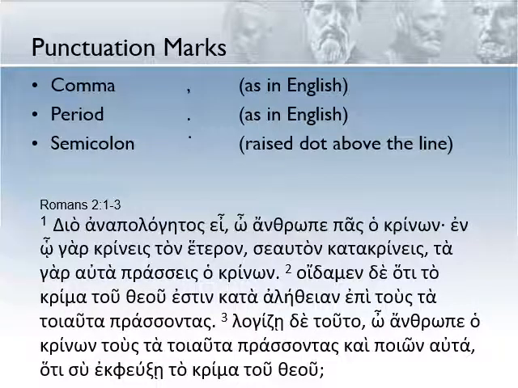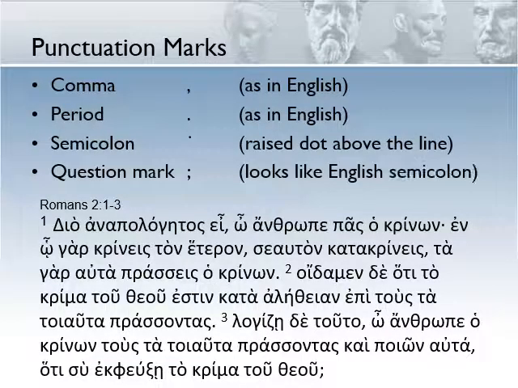And then one more punctuation mark, the question mark. Now you'll notice the question mark in Greek looks like the English semicolon. Don't let that fool you. Remember that the Greek semicolon is just a single raised dot. What looks to us like a semicolon in Greek is a question mark.